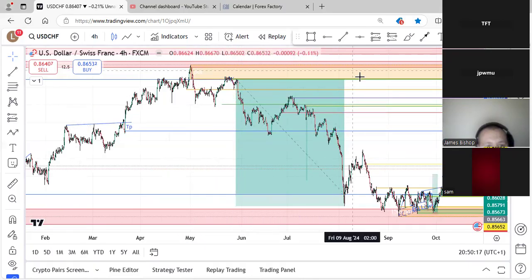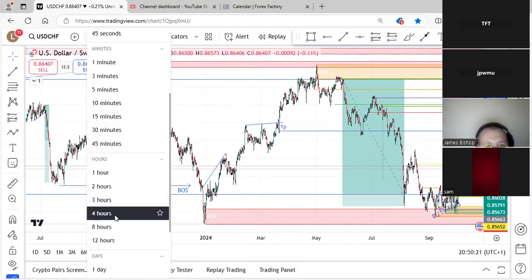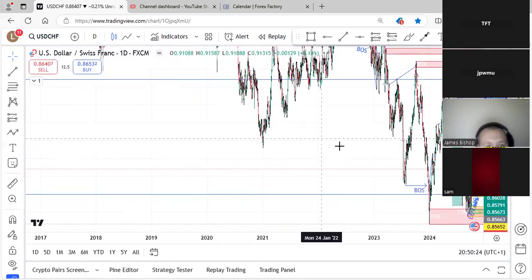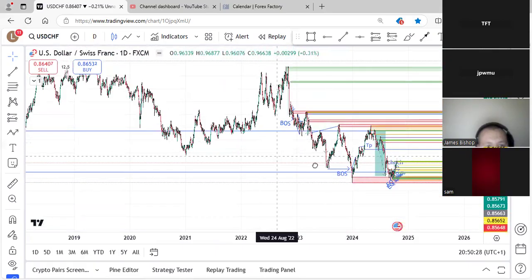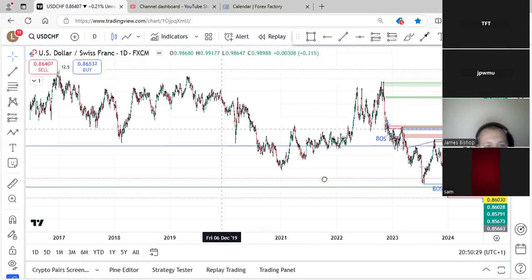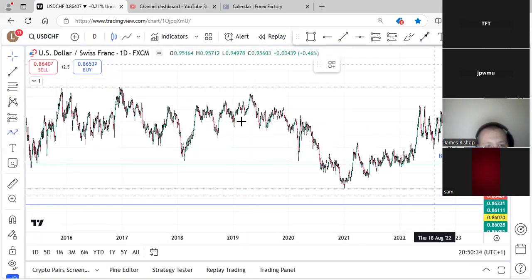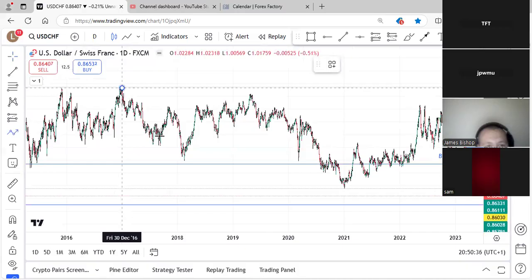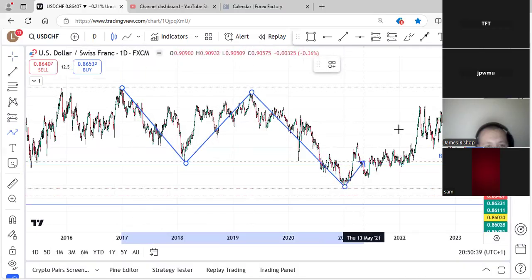So if I zoom out, obviously we see this is a major structure.